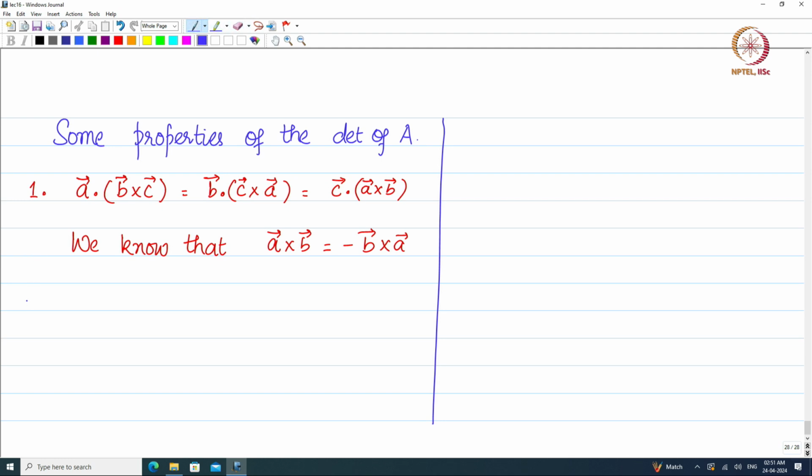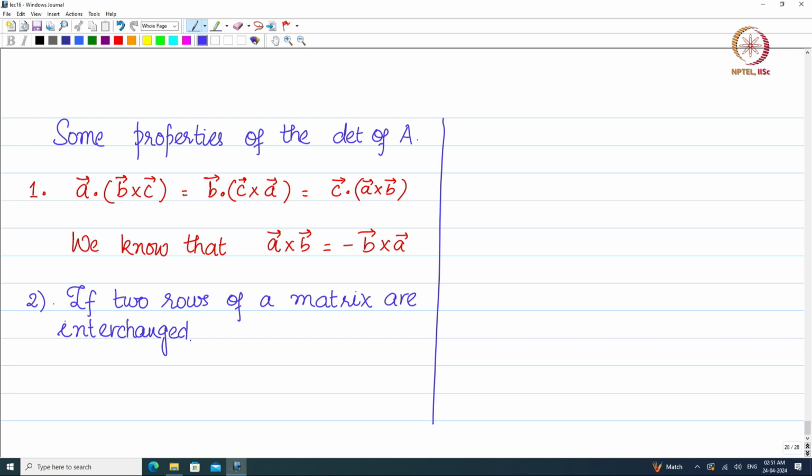So, what is that? 2. This says if two rows of a matrix are interchanged, now what does that mean?